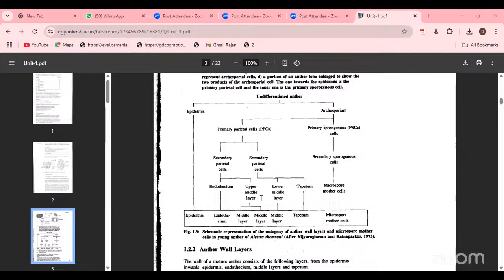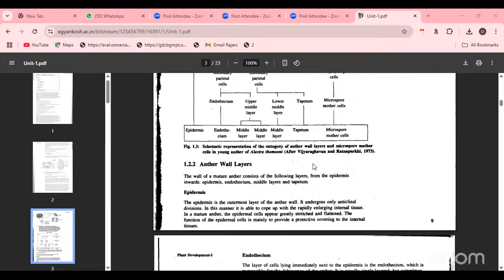This is the primary pericytial cell. Next one is the primary sporogenous cells. The secondary sporogenous cells form the microspore mother cell.